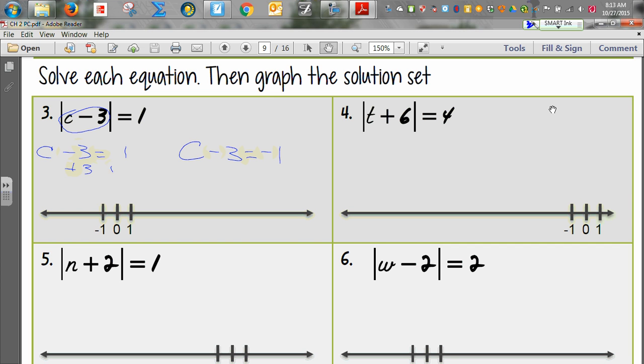Add 3 to both sides. C equals 4. Add 3 to both sides. C equals 2. Okay, so to graph it, how far do I need to go here? 2, 3, 4. I'm going to put a dot on 4 and a dot on 2.